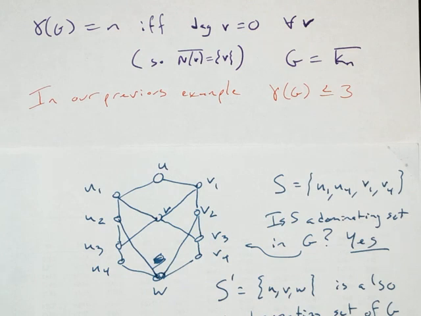Because S prime at 3, I need the closed neighborhood of 2 vertices to cover all of the vertices.